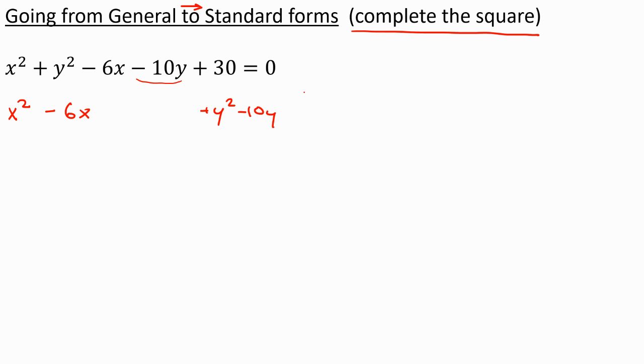And then I'm going to make more space again, and I'm going to push my plus 30 over here to the far right and equals 0. So take a moment and look at what I've got. I've just grouped together my x's and grouped together my y's, and it's all meant to be the same line of math still, but I've left some space after x numbers and space after y numbers.